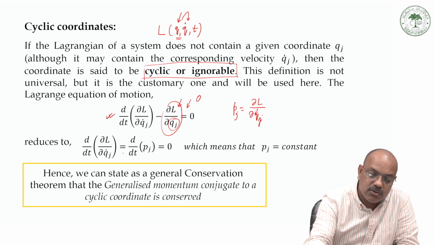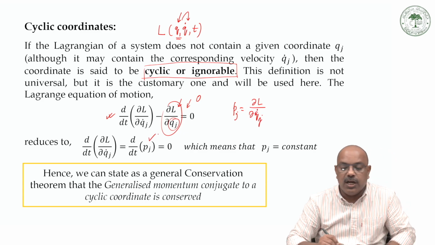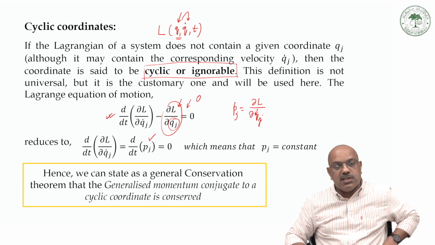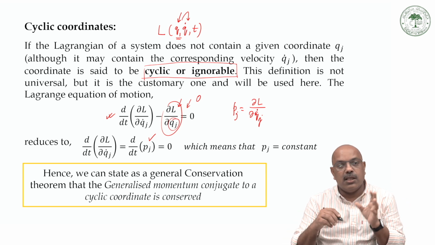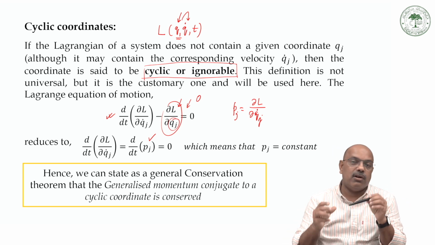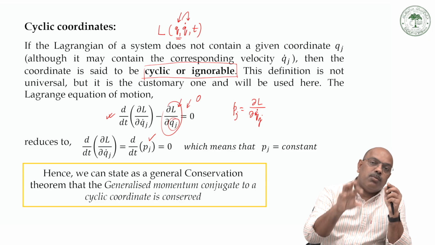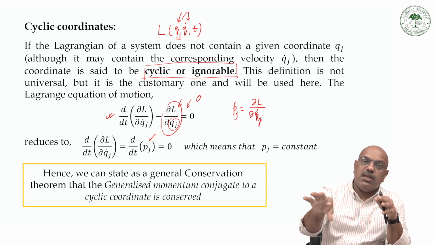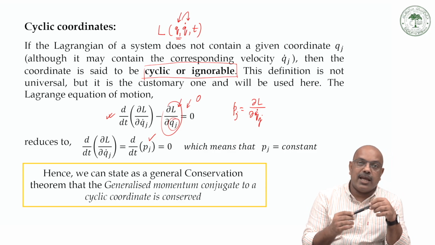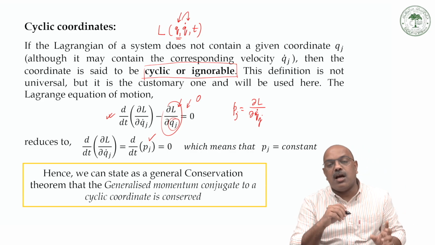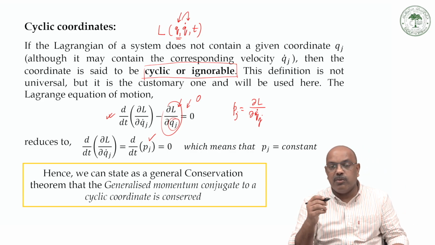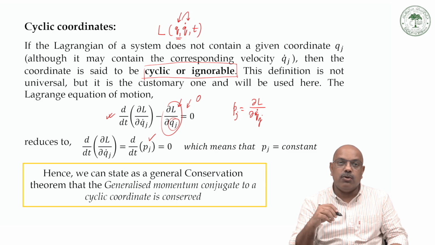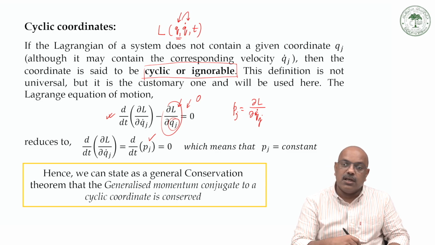So this p_j, the conjugate momenta, is going to be constant corresponding to that cyclic coordinate. So when your Lagrangian is independent of the coordinate but the corresponding generalized velocity is present, the conjugate momenta corresponding to that cyclic or ignorable coordinate is going to be a constant of motion.